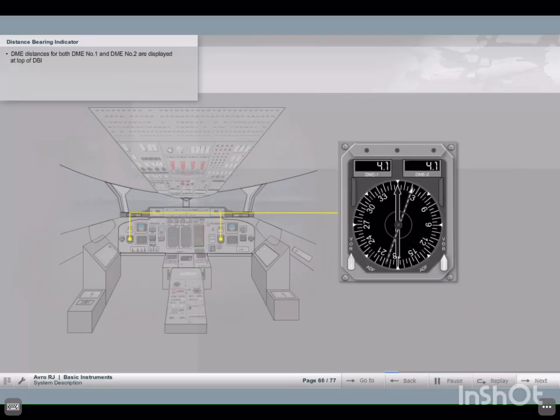The DME distances for both DME number 1 and DME number 2 are displayed at the top of the DBI. Normal operations. Testing of the DBIs is performed as part of the normal pre-departure checks by checking heading validity and comparing adjacent beacon bearing and distances.